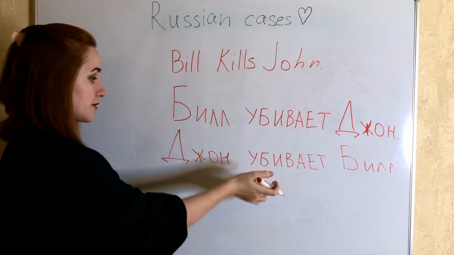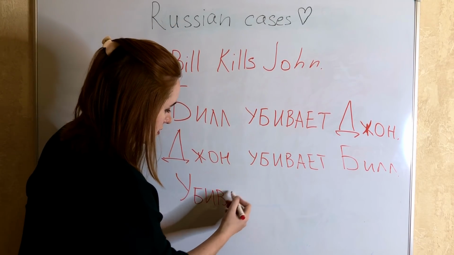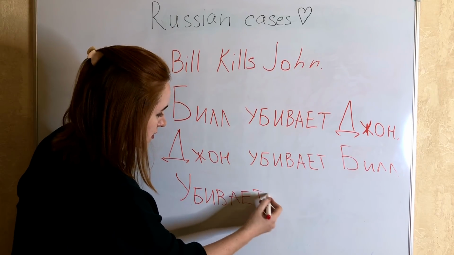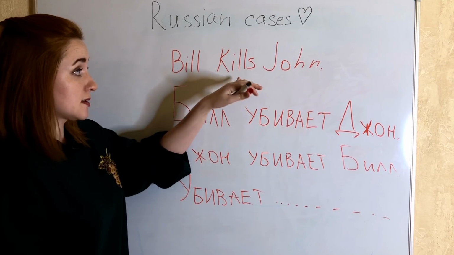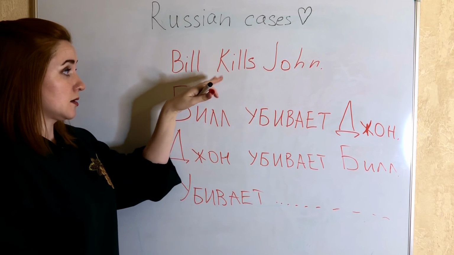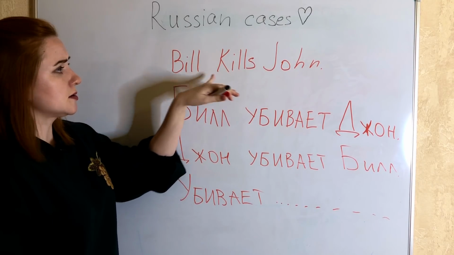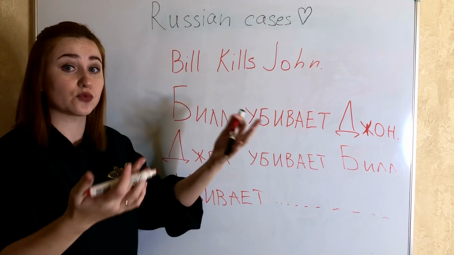Or we can put the verb in the first place and say убивает John, Bill, whatever. It will be just like kills Bill, John. John kills Bill. John, Bill kills. Any version, anything works in Russian.